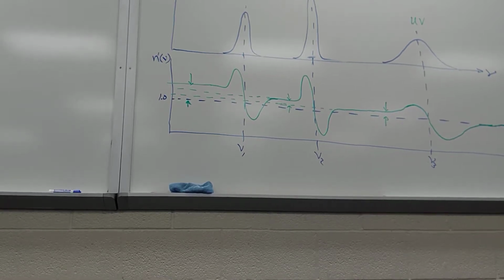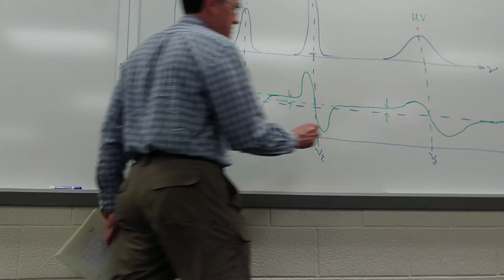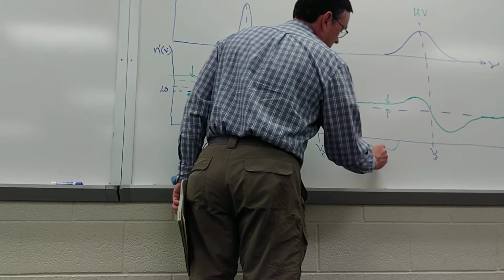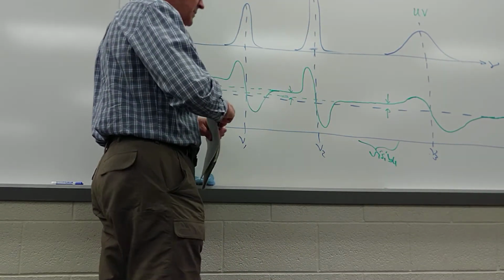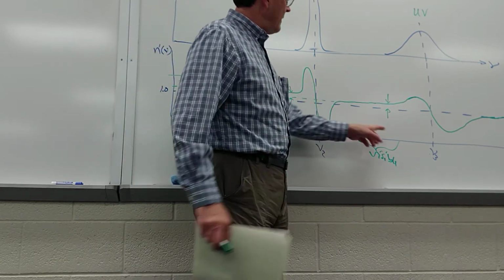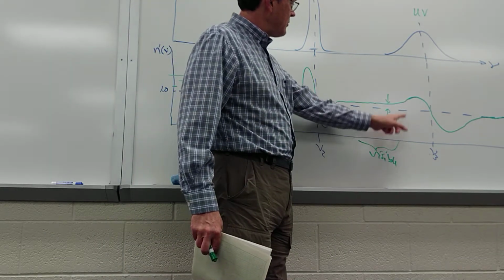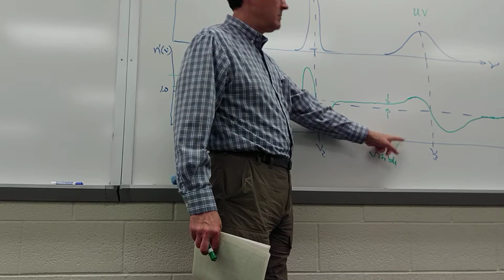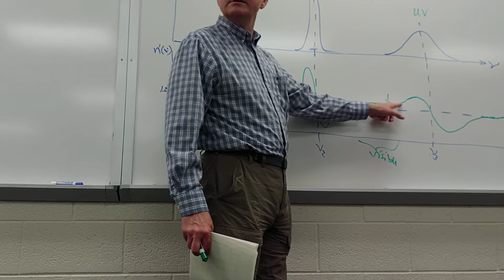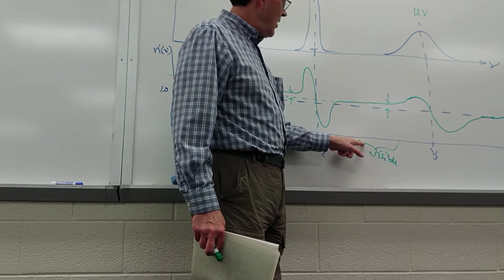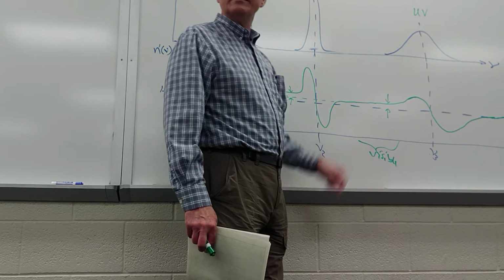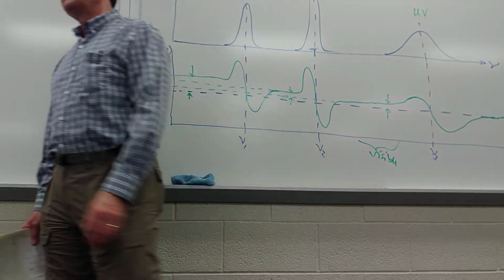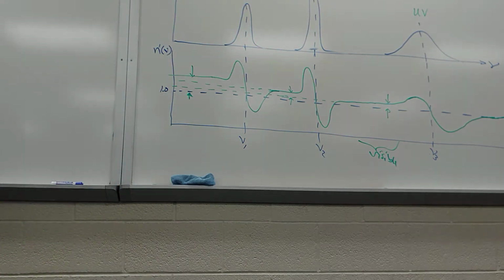So as I've drawn it then, this would be the visible. And notice in the visible how it looks. At shorter wavelength, meaning higher frequency, higher refractive index. Longer wavelength, meaning lower frequency, lower refractive index. That's normal dispersion.